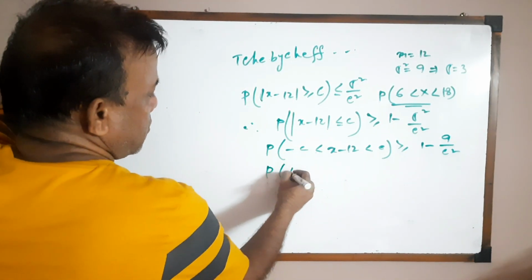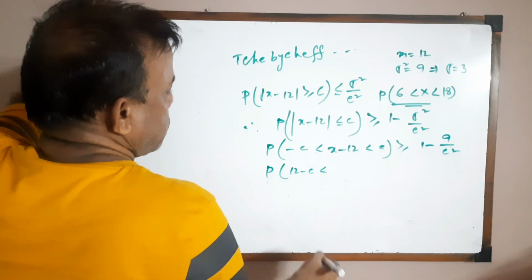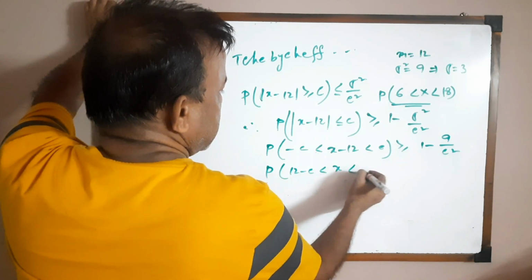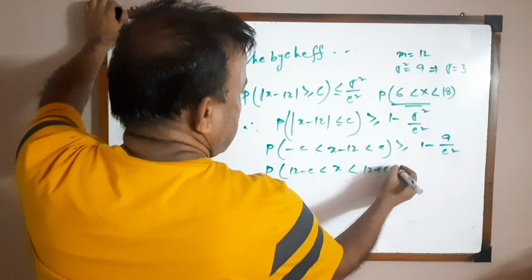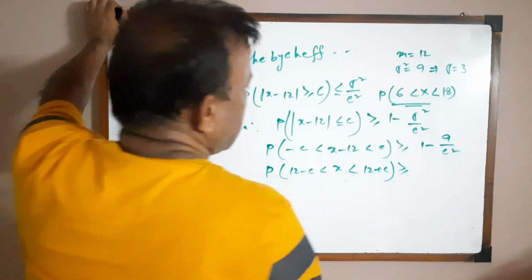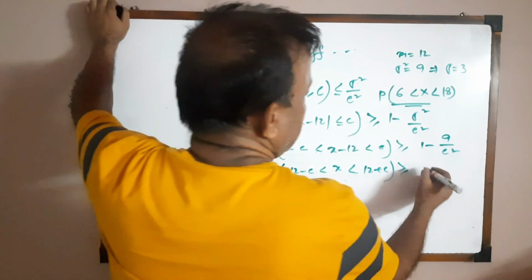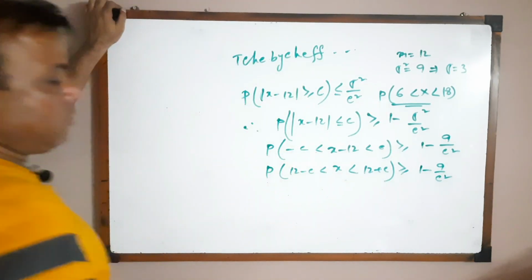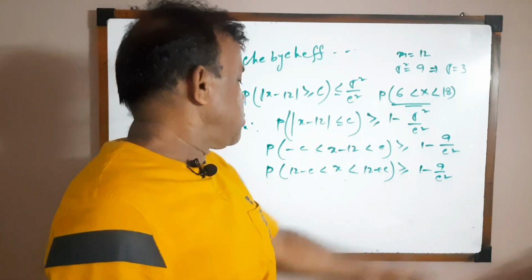That is, probability of 12 minus c less than x less than 12 plus c is greater than or equal to 1 minus 9 by c square.